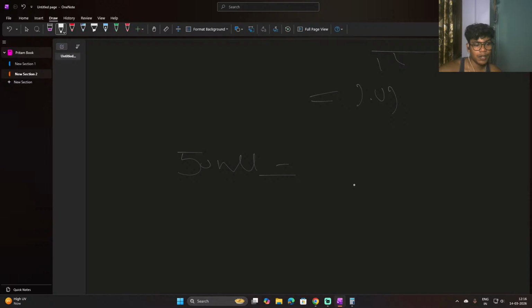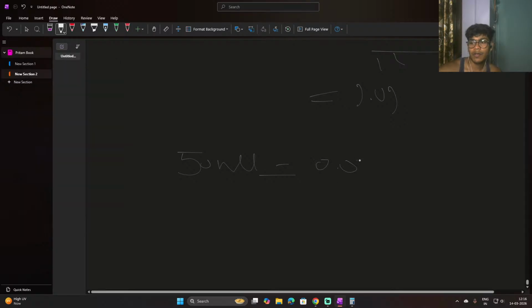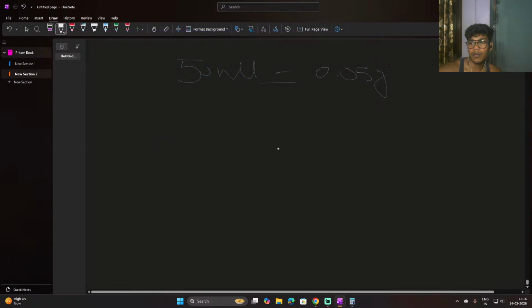If we have to convert it, then we have to use... so it's going up, then we have to use 50 divided by... 0.05 gram. Now we'll be using 50 ml, 1 gram glucose.